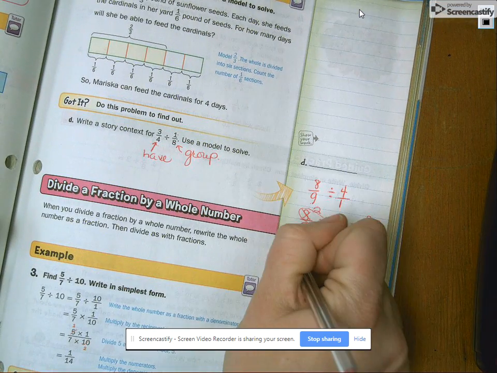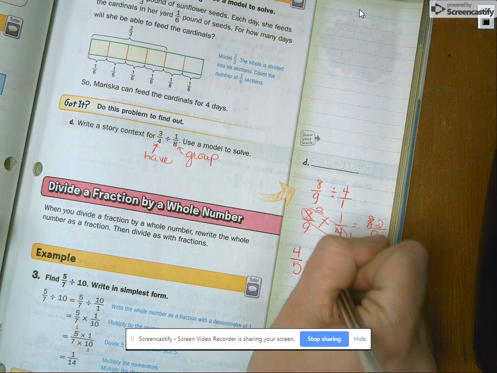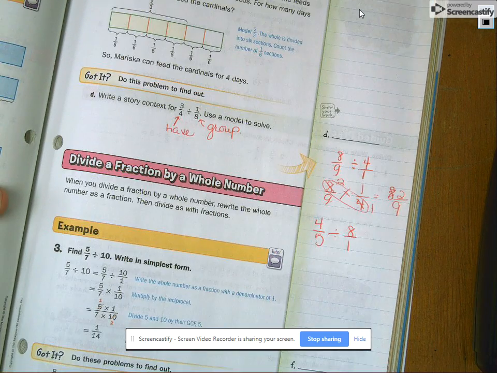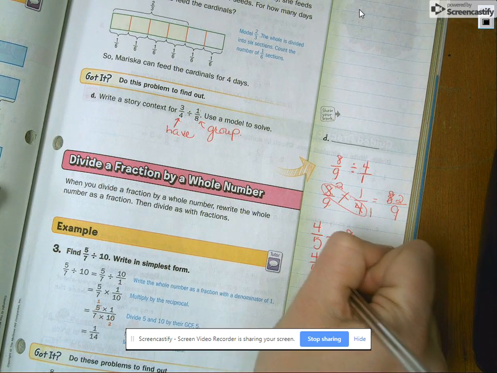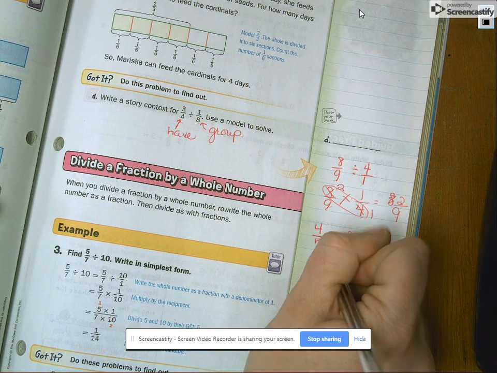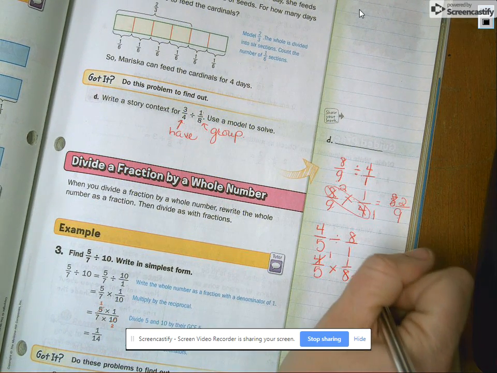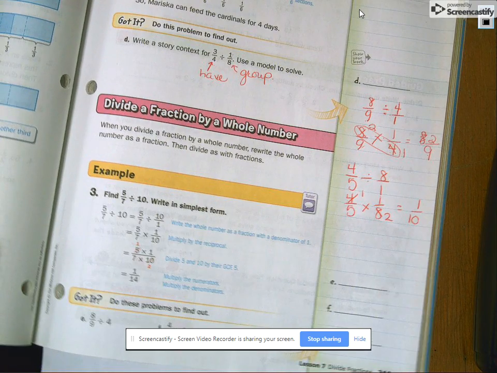Okay, for F, 4/5 divided by 8/1. Keep, change, flip, cross divide. So this would be 1/10. Please pause the video now if anyone has any questions.